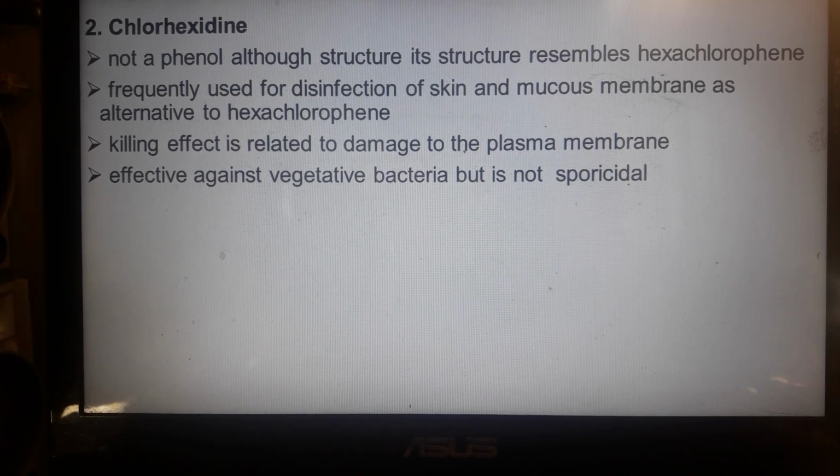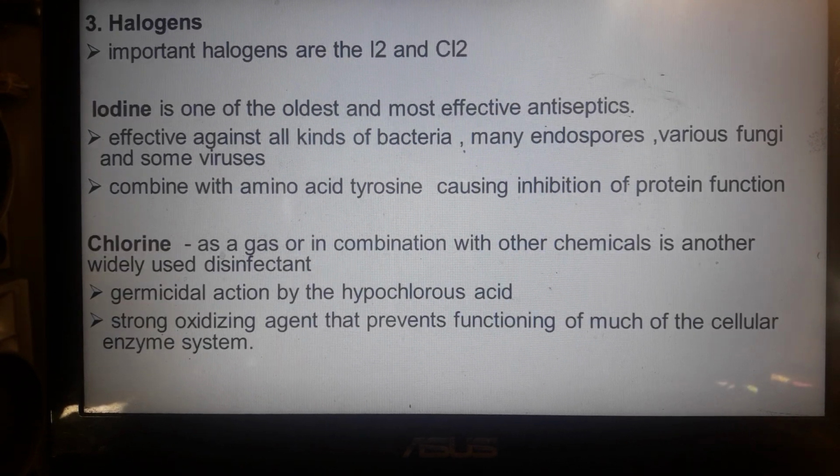It is effective against vegetative bacteria, which are bacteria in the growing stage that tend to eat more nutrients, but not sporocidal. Meaning it cannot cause damage to spores or spore forming bacteria, like bacillus.